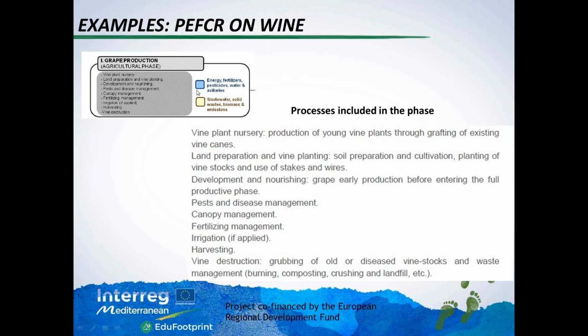Inside the grape production phase, which is concerning the agricultural phase, these are the processes included and analyzed. As you can see, there are vine plant, land preparation, development of nourishing, and pests and disease management, and all the others.